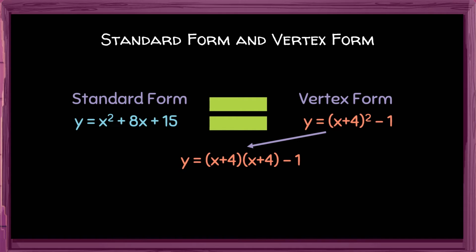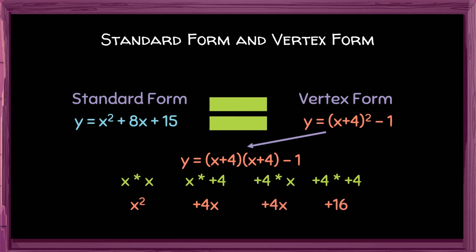Exactly, Codette. We start by multiplying the first terms together, then the outside terms, then the inside terms, and finally the last terms. That's our FOIL technique. When we add up those parts, we get x squared plus 4x plus 4x plus 16.